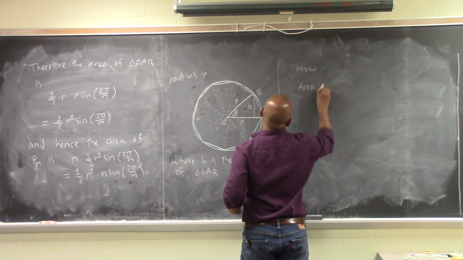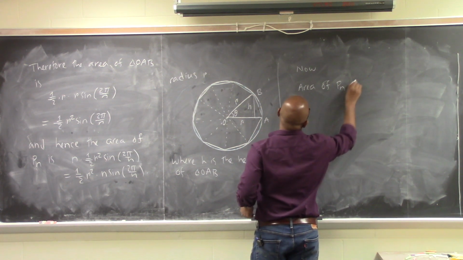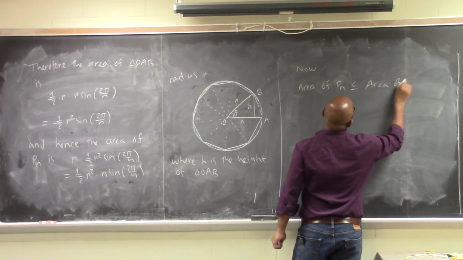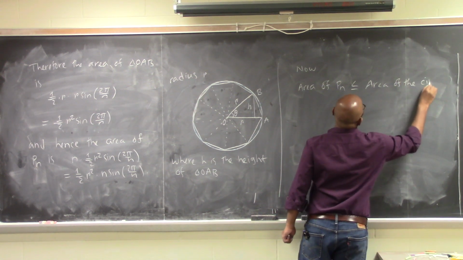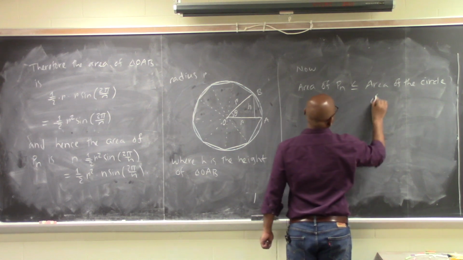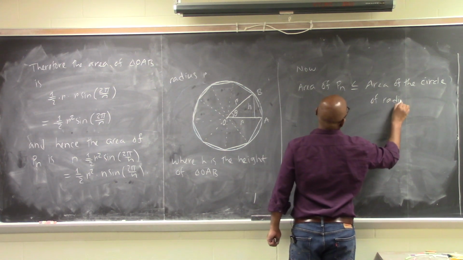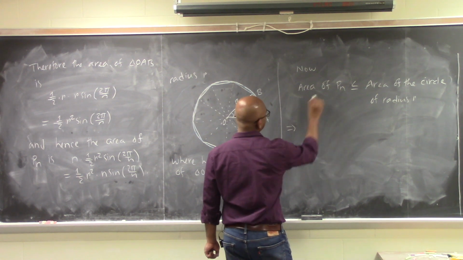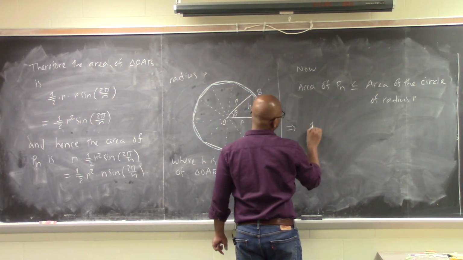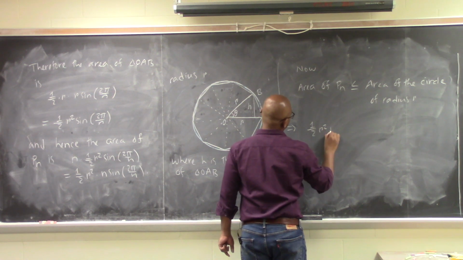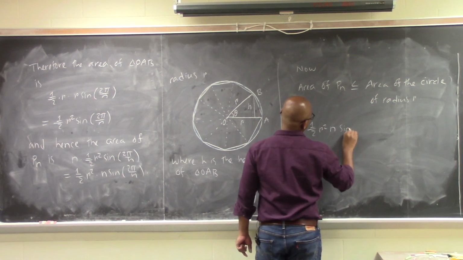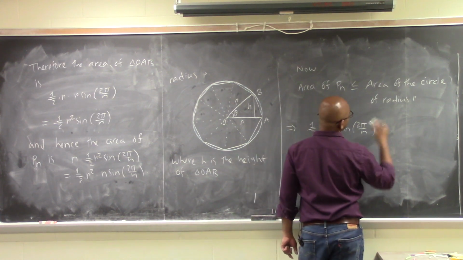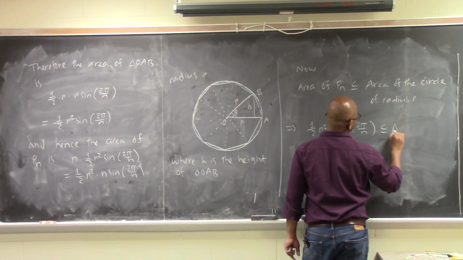Area of Pn is less than or equal to the area of the circle of radius r. And the area of Pn is 1/2 r squared times n sine 2 pi over n. This guy is less than or equal to the area of the circle.